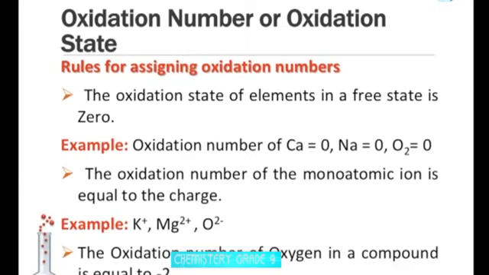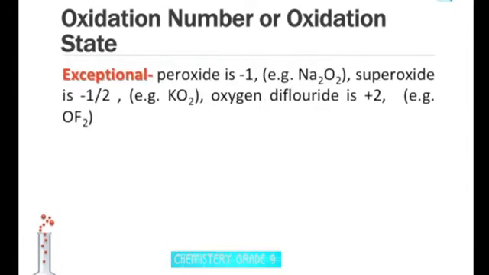The oxidation number of oxygen in a compound is equal to -2. This will be very helpful to start you out when doing these problems. However, an exception is that peroxide is -1 and superoxide is -1/2. Oxygen difluoride is +2.